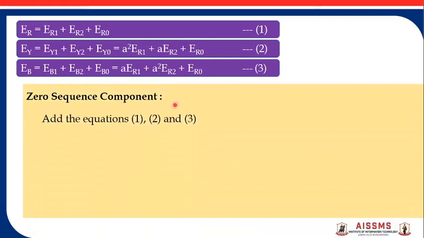So add equations 1, 2 and 3. That is, we are going to add all three equations, ER plus EY plus EB on the LHS.